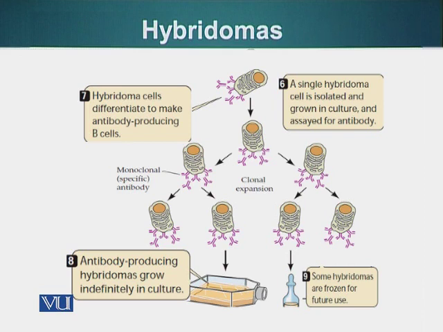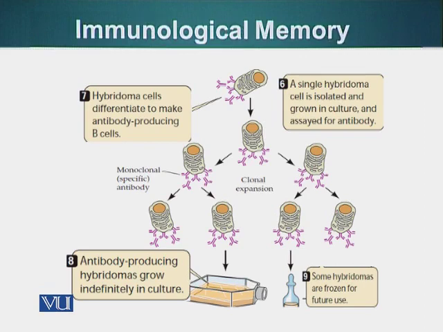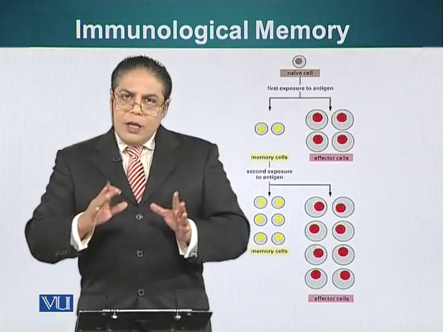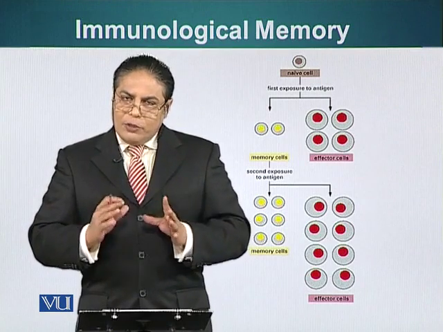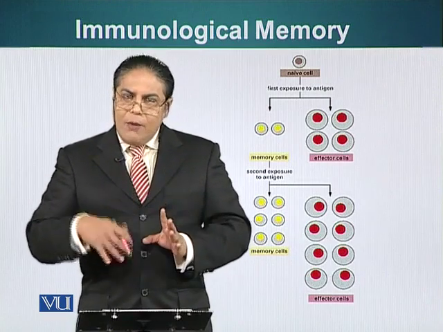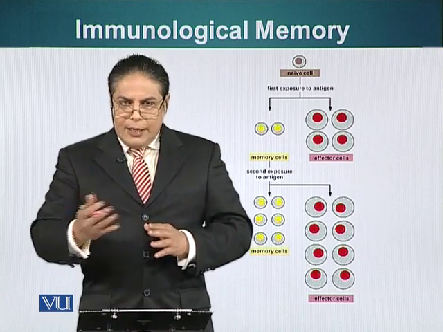Some of these cells can also be frozen, and they last a long time. So this is another way immunological memory can be exploited for the benefit of people. We have talked about one very important feature of the immune system, which is memory. We'll look at the other features in the next module.